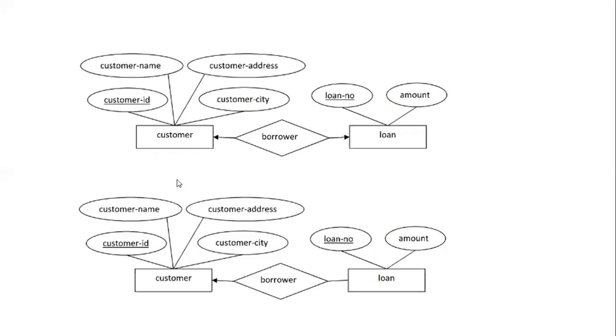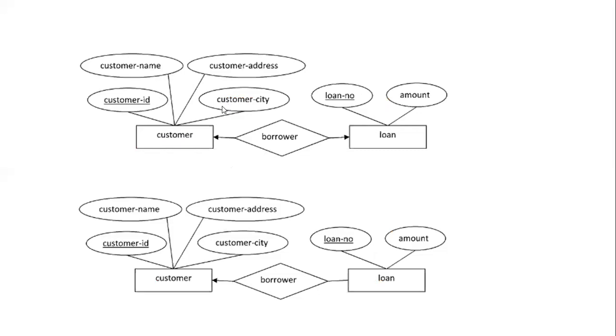First one, entity, which is represented by the rectangle. Second, the attributes related to the particular entity, which are maintained with the help of an ellipse. And the third component is the relationship, which is maintained by the diamond.